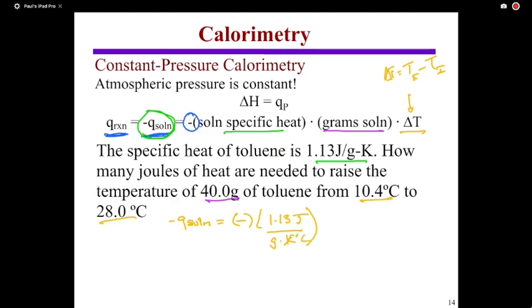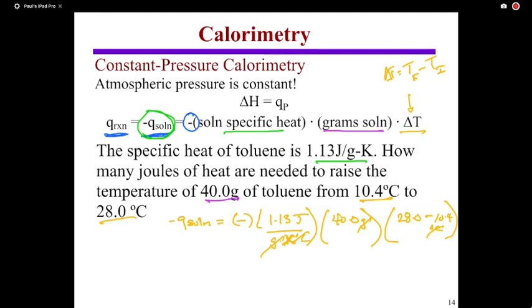I can change that directly to Celsius because they're the same in this case, times 40 grams times, okay, what is the final? 28. What is the initial? 10.4. That would be in degrees Celsius. So the degrees Celsius will cancel out. The grams will cancel out. And what do I get?